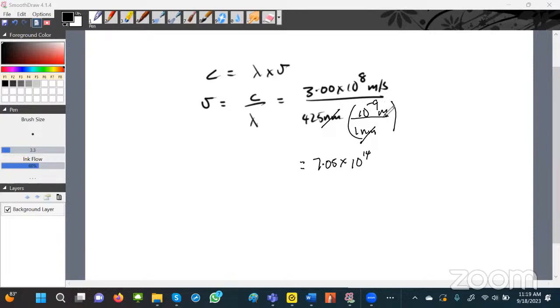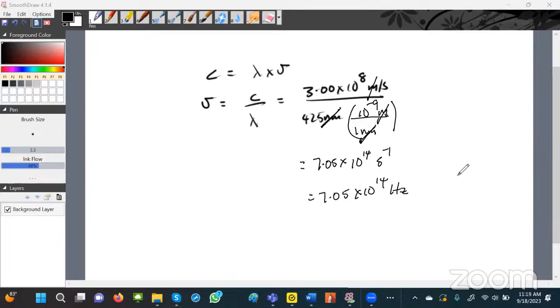Because this nanometer unit will cancel out with this, and this meter unit will cancel out with this. So you'll be left with s to the minus 1 or hertz as your final units. And this would be the answer. And that's basically how question number 1 is done.